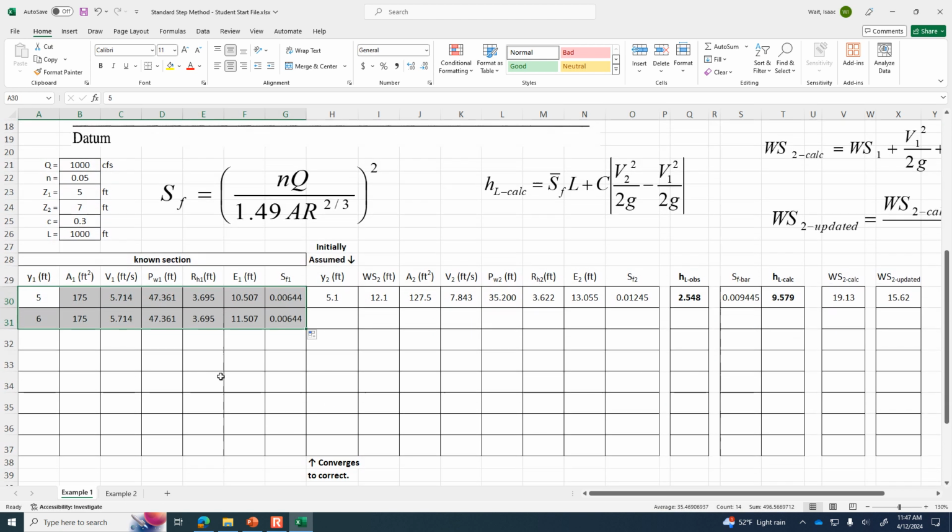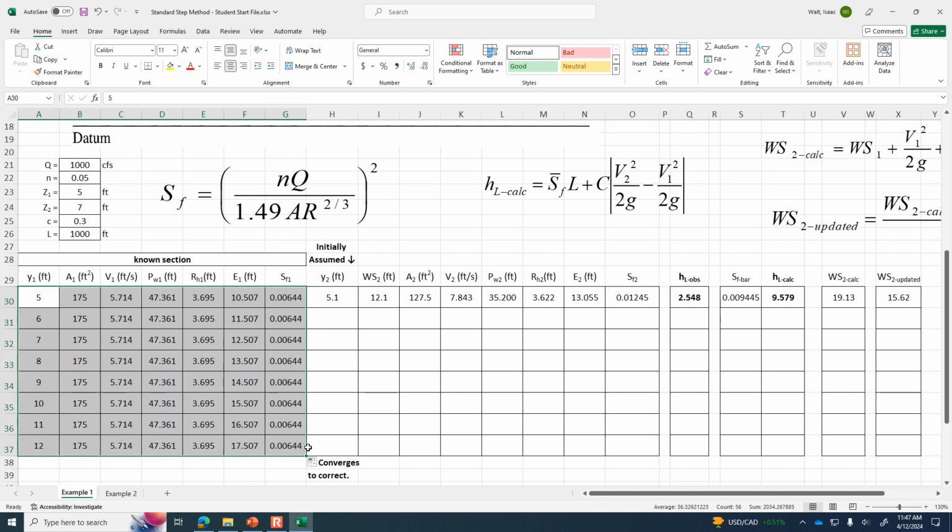Yeah. So just drag it down through the bottom of the page. Oh, look at the Y though. It should stay, instead it's counting, Excel automatically increases by 1. So just make sure it always says that the depth at 1 is 5. So 5, area is the same, velocity is the same, wetted perimeter, hydraulic radius, all of it's the same.